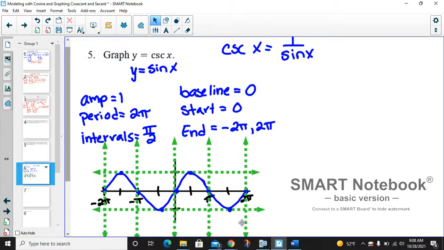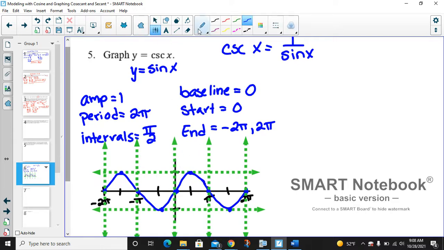Now we have basically just the reciprocal. The reciprocal of 1 is still 1, so this is 1. But then 1/2 would be 2, 1/4 would be 4, and so on and so forth.